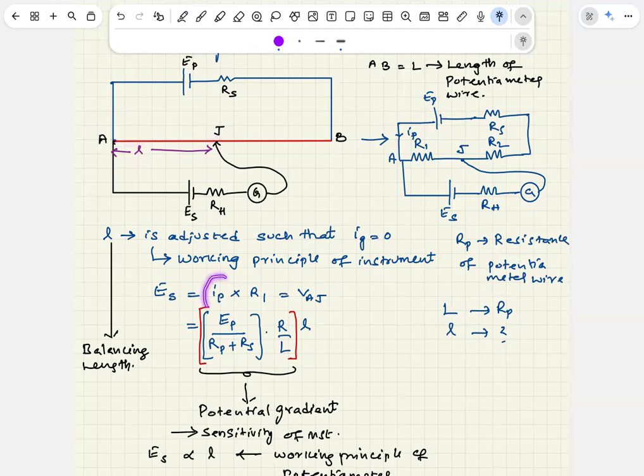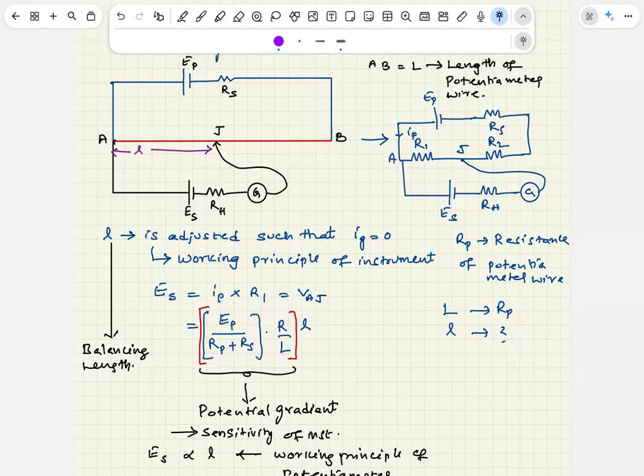That is I primary into R, assuming this portion is of resistance R. So what is ES? ES is nothing but the drop across only this portion of the resistance. That is I primary into R. I primary is E primary by RP plus RS, into R by N.